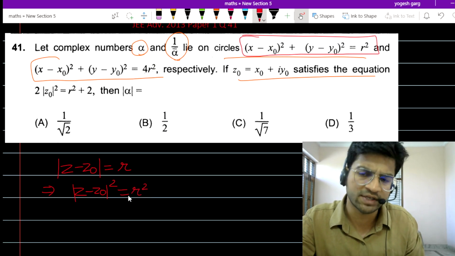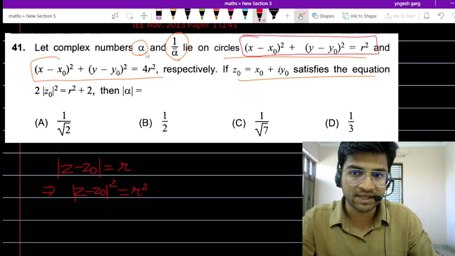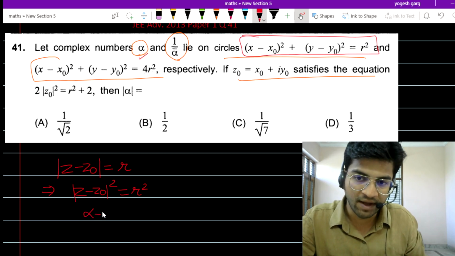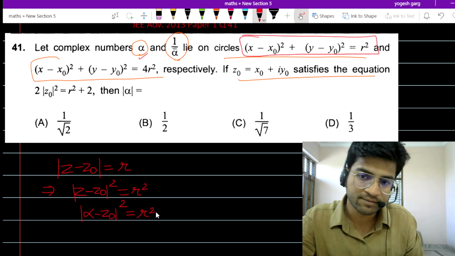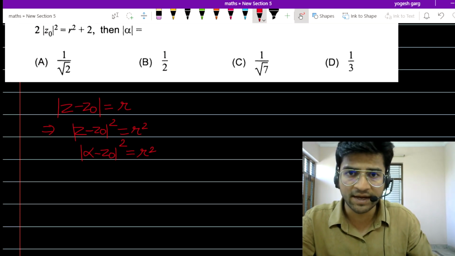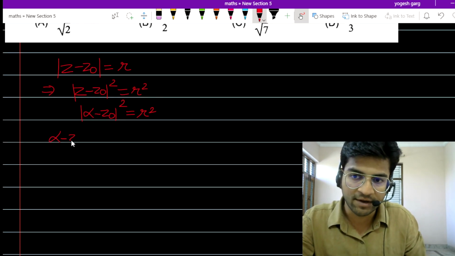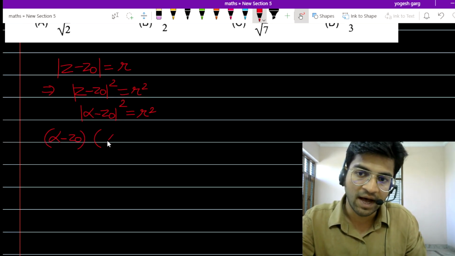Why am I doing square over here? Because then only we are able to evaluate this. Also it must be known that this z is satisfied by alpha, so put alpha over here. Mod alpha minus z naught square is equal to r square. Fine. Now use the idea that for the modulus square, you have this complex number alpha minus z naught, and you have to multiply it with alpha conjugate minus z naught conjugate, right?